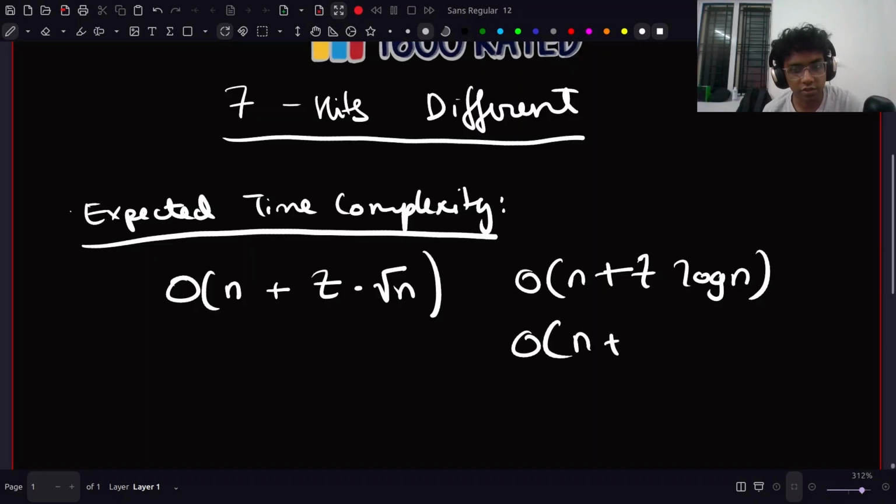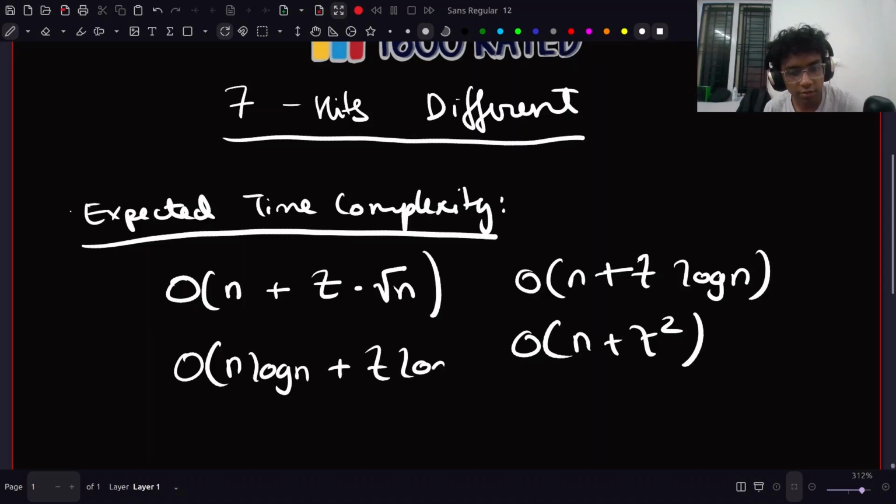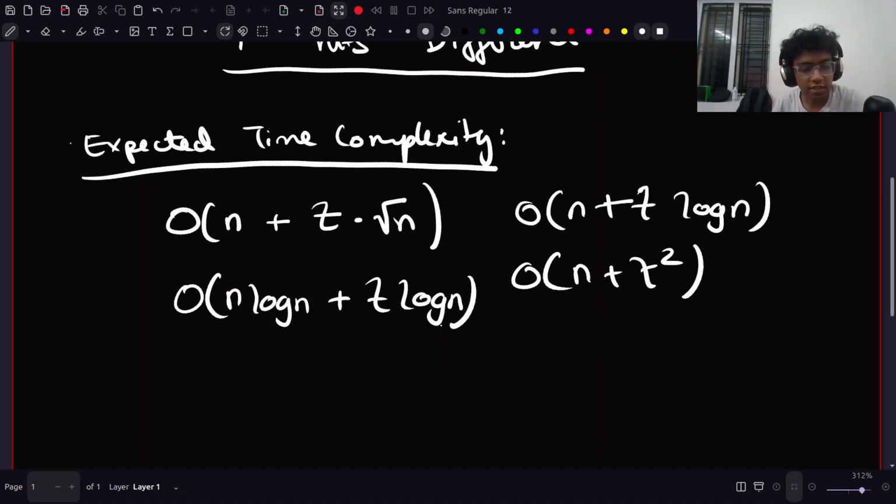Big O of n plus t squared, or n log n plus t log n, something like this. These are the possible time complexities which would pass for the given question. For each test case, we have to do some limited amount of work, as well as we can do some amount of pre-processing on n.